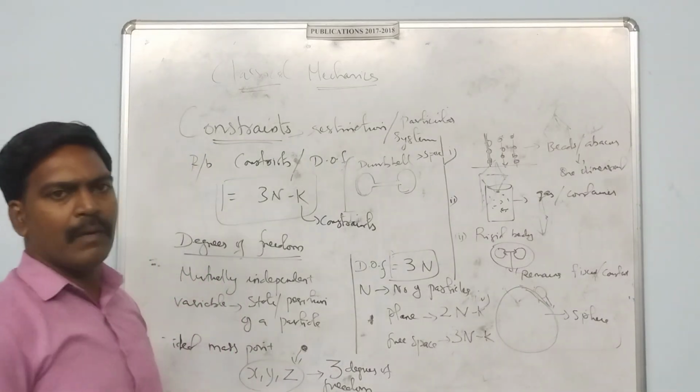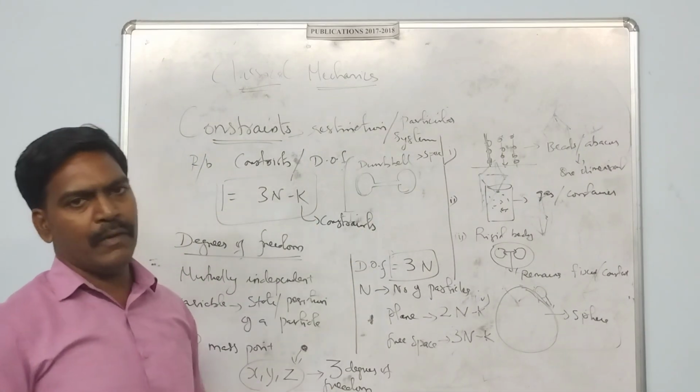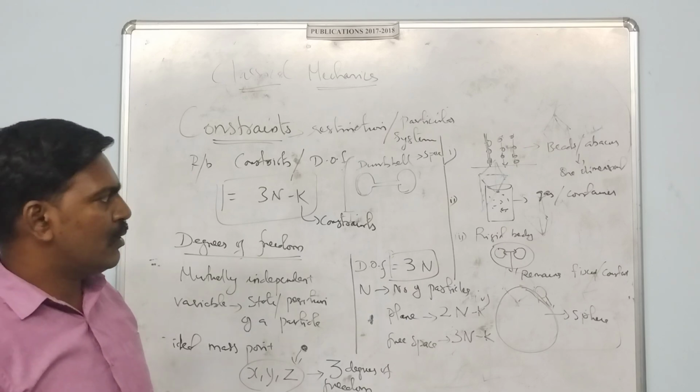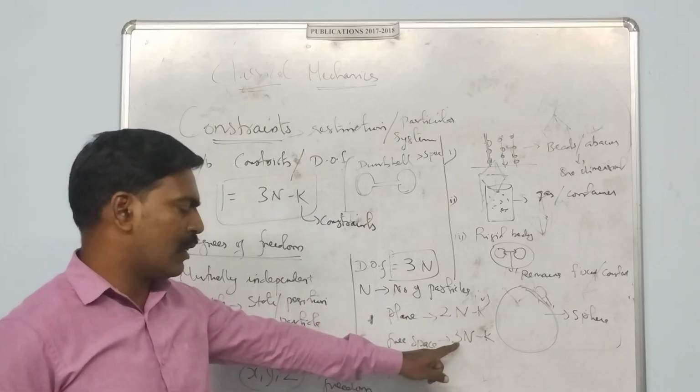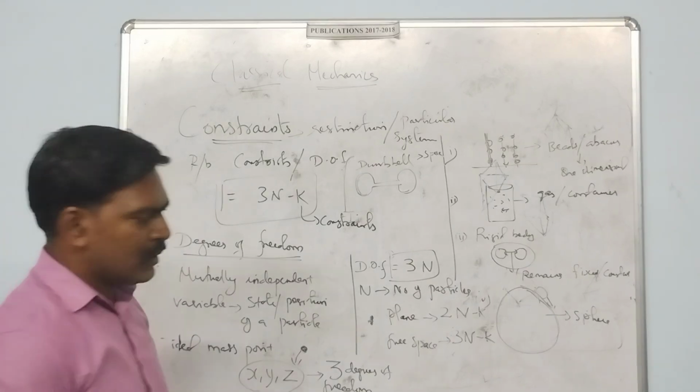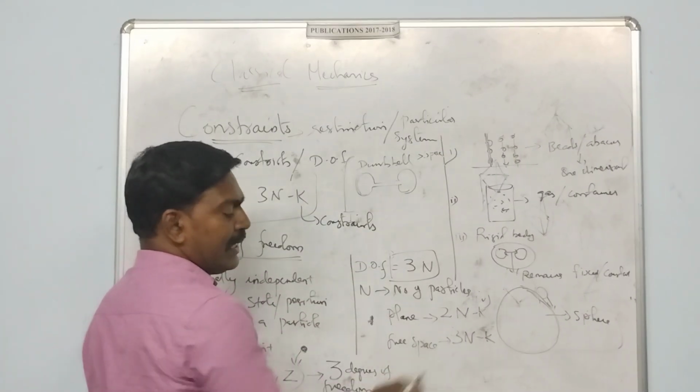A dumbbell shaped object moves in space, and we have to find the constraints value for this one. Which formula are we going to apply, 2n minus k or 3n minus k? Since it moves in space, we can apply the relation 3n minus k.